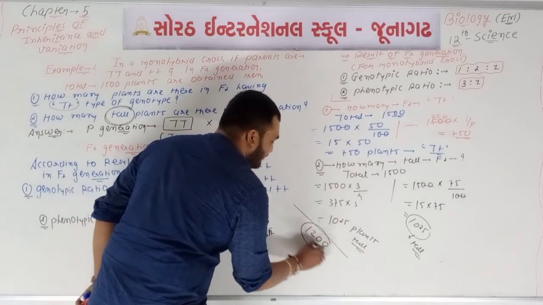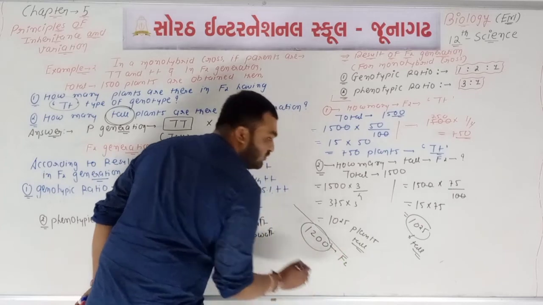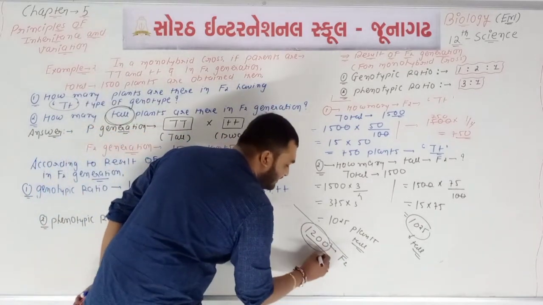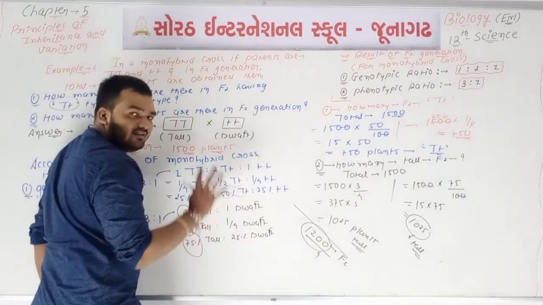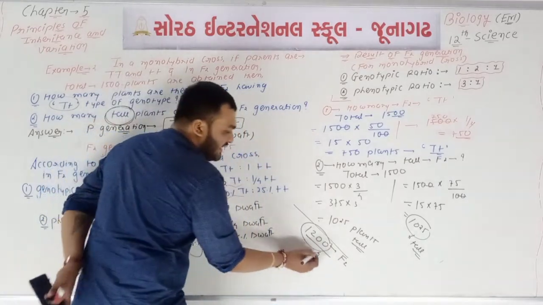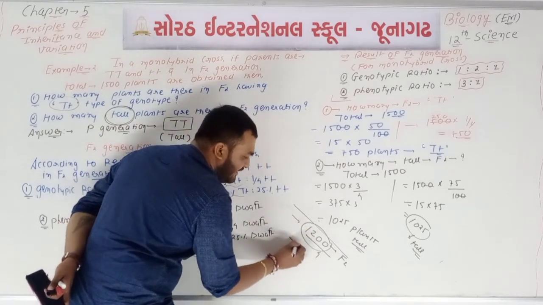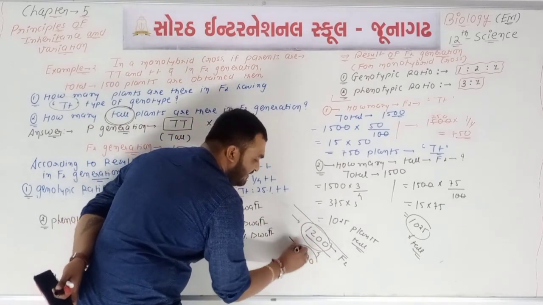Whatever number you have in the F2 generation, for example 1200 plants, the first thing is to divide this number by 4. Dividing 1200 by 4, the answer will be 300.